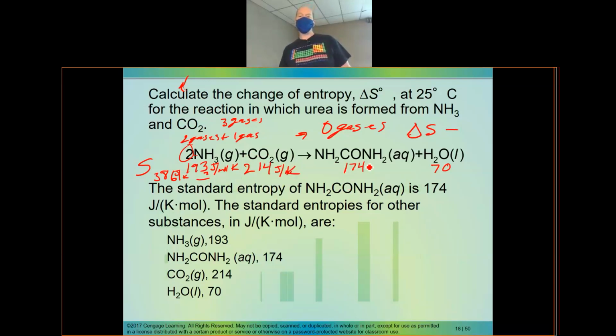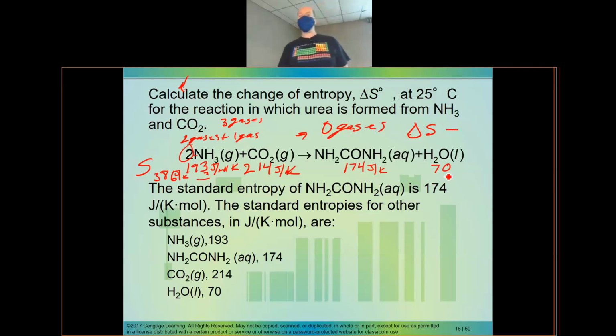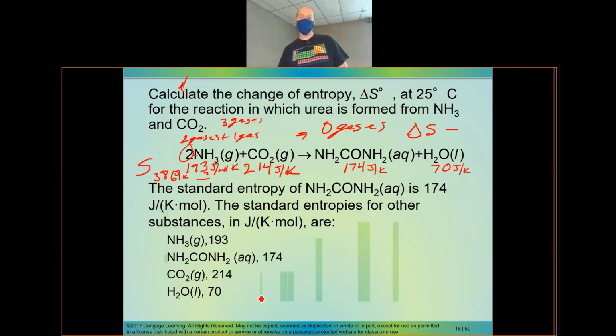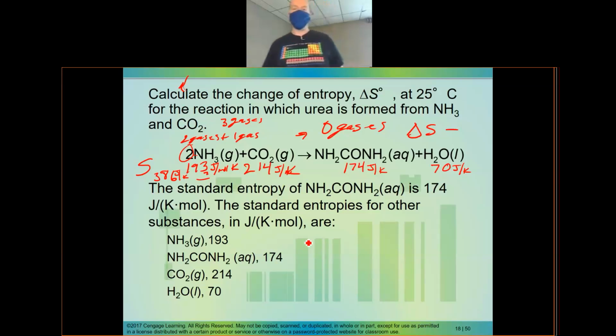And when you had 174 times 1 mole of that, you get 174 joules per Kelvin. And when you have 70 joules per mole Kelvin times 1 mole, you have 70 joules per Kelvin. All right, and so to get the delta S of this, you take your products, add them together. And so you got a 244.